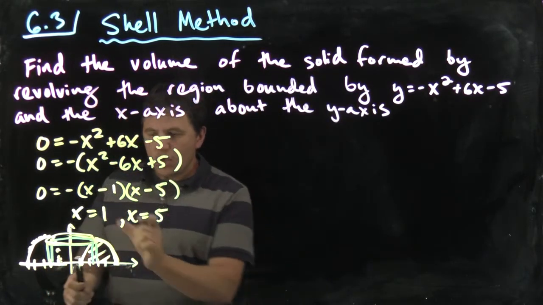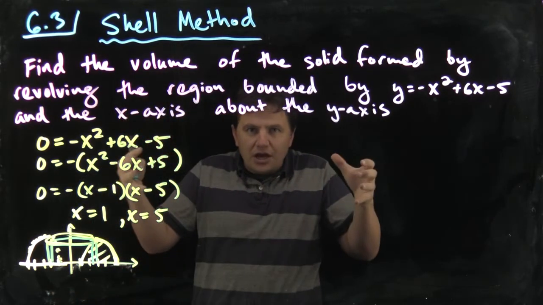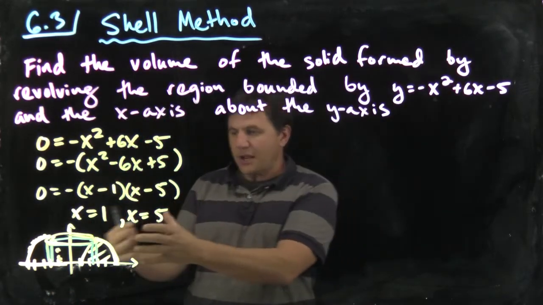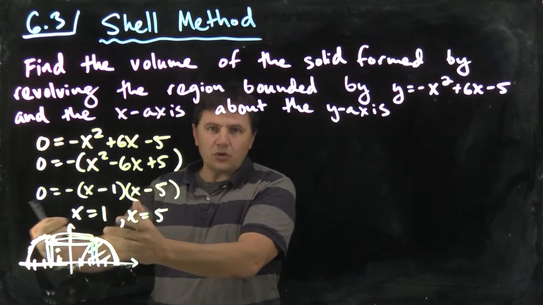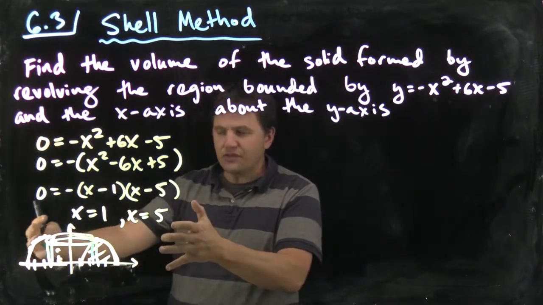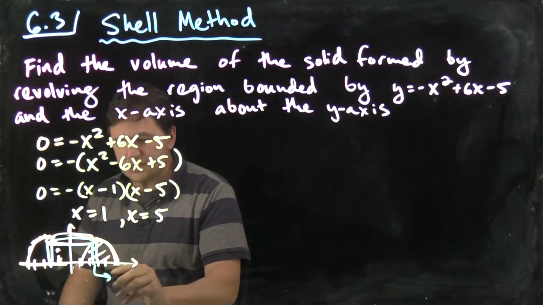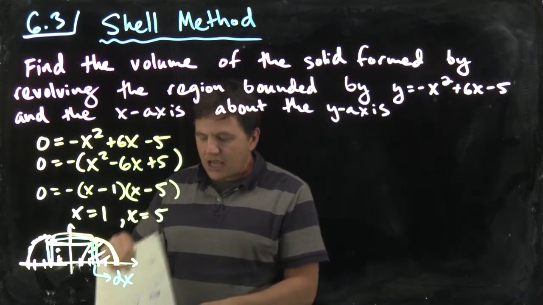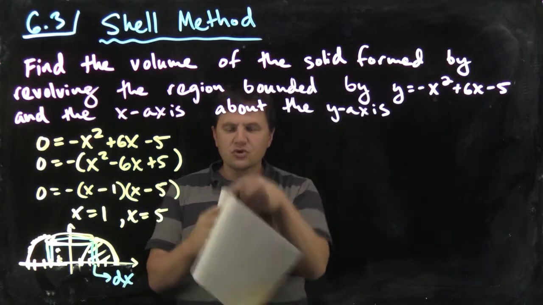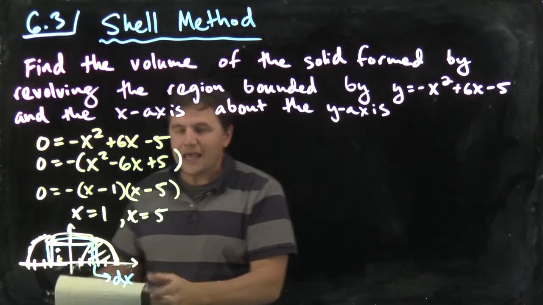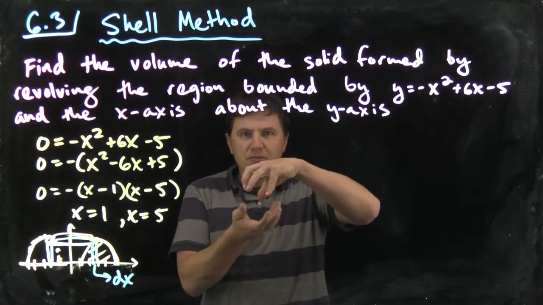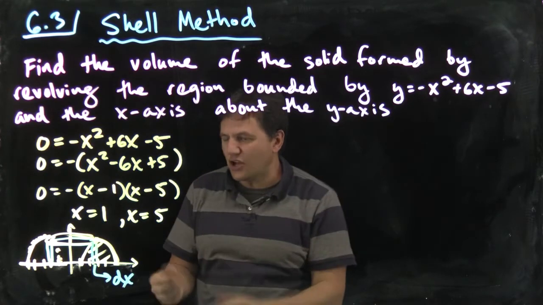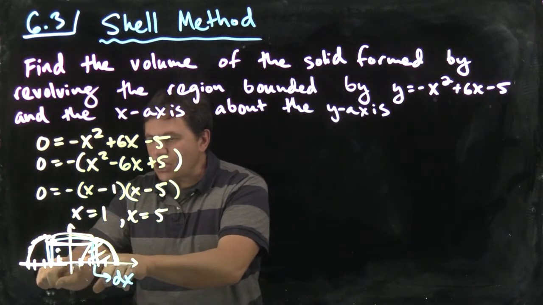So we're going to place one shell on top of the other, creating the entire shape. And just like we do in typical calculus fashion, there's going to be an infinite number of these, and they're all going to have a thickness of dx. If you imagine pieces of paper, we're stacking these shells together. It's like those Russian dolls where the shapes are the same, but one's stacked inside of another. Each shell will be a different size.